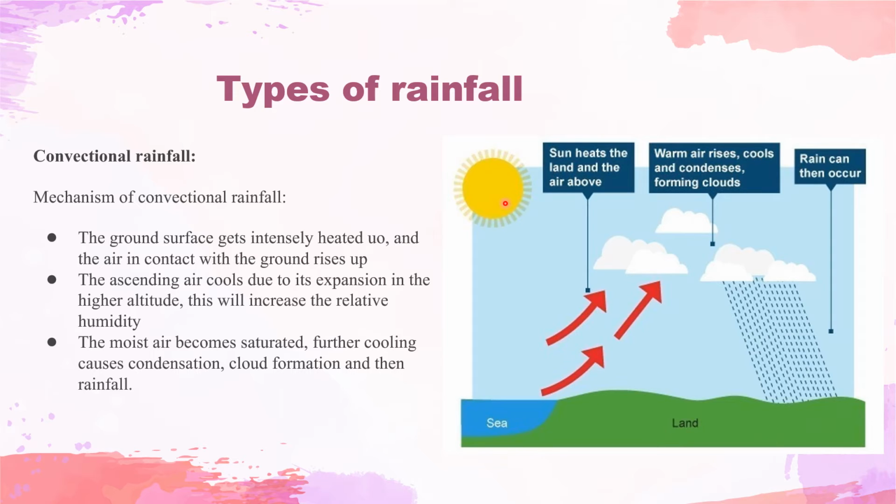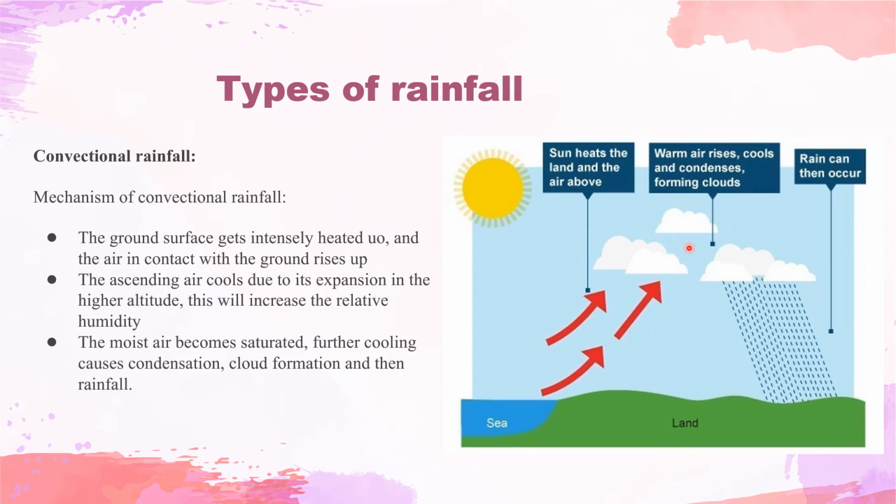The sun's heat falls on the ground and the ground surface gets heated up. So when the sun's rays are falling on this earth, what will happen? The land will get heated up. When the land gets heated up, the air above the land also gets heated up, and also above the sea. So what happens? This starts moving up. As it goes up, it loses its heat to the atmosphere and becomes cooler and cooler.